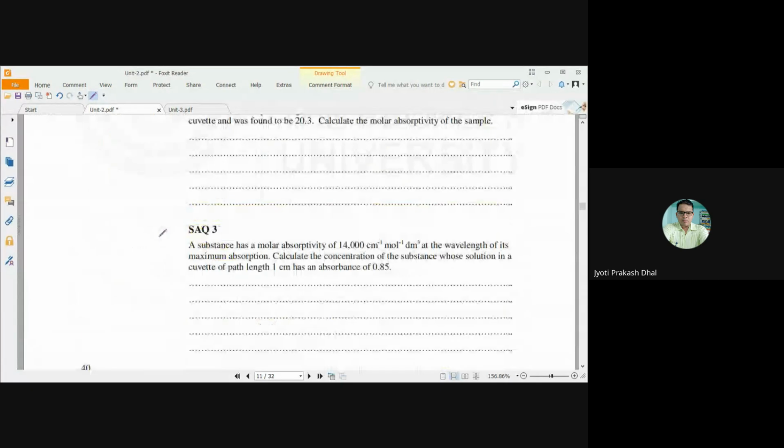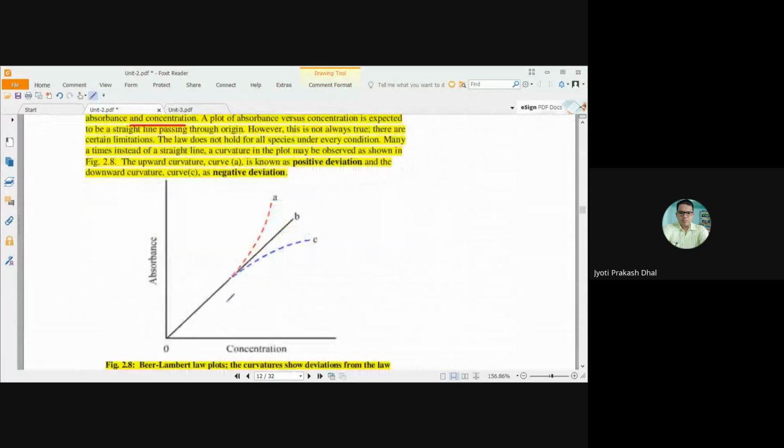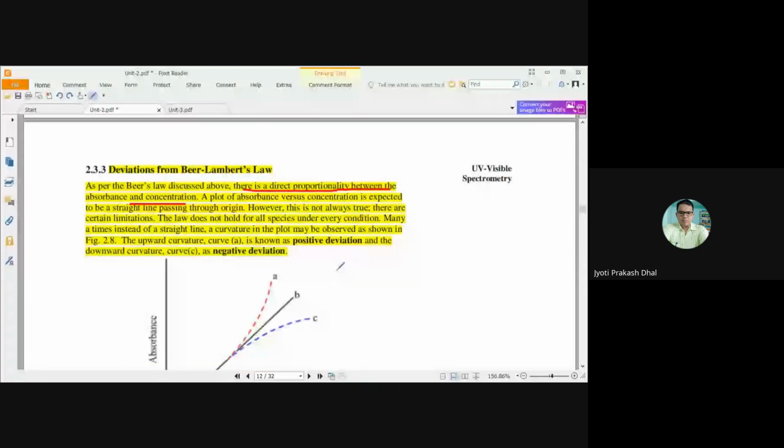Now, deviation from Beer-Lambert's law. As per the Beer's law discussed above, there is a direct proportionality between the absorbance and concentration. So if the solution completely obeys the Beer-Lambert's law, then the graph between the concentration and absorbance will be a straight line, just like graph B. But in the actual case, there will be positive or negative deviation.